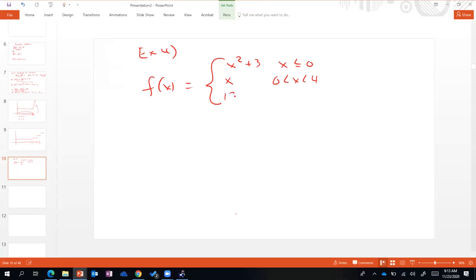And it's just 13 if x is greater than or equal to 4. So we got 3 different functions happening here. They could be anything. So if it's a negative number, we use the top function. If x is between 0 and 4, we use the middle one. And if it's 4 or greater, the answer is just 13. That's it.